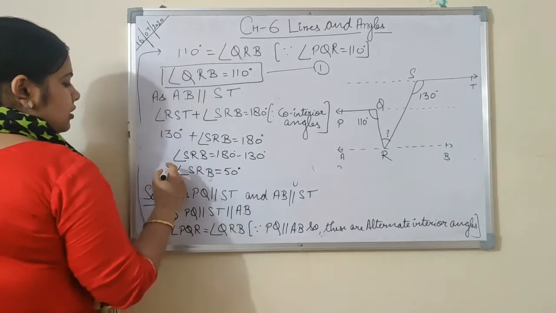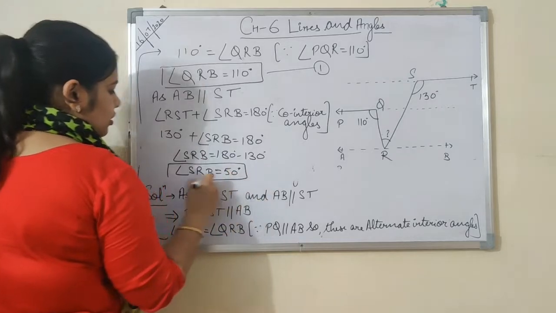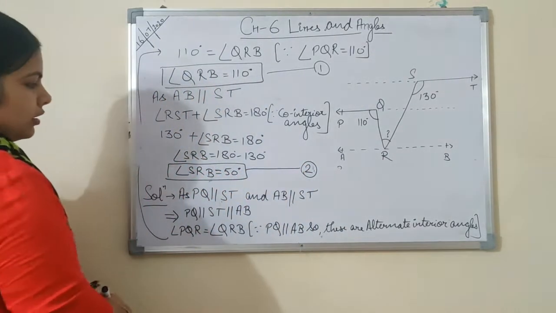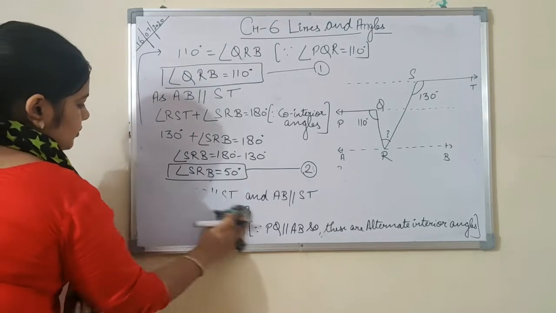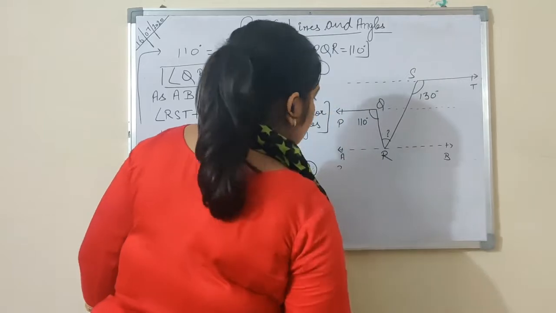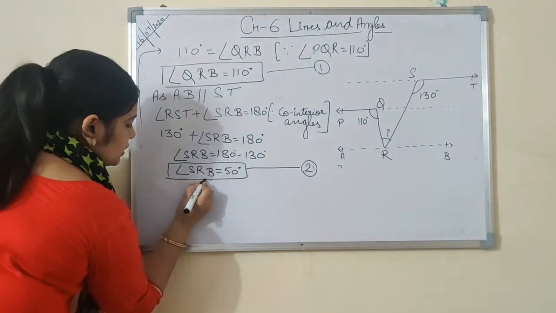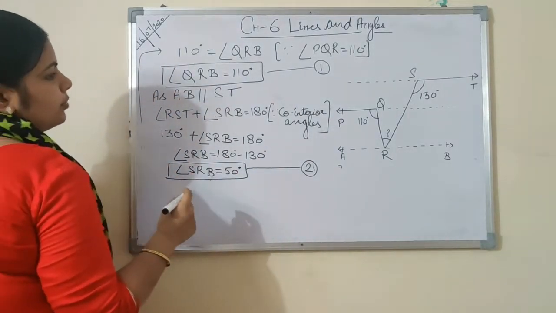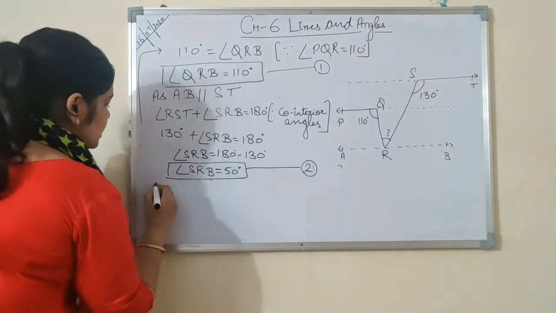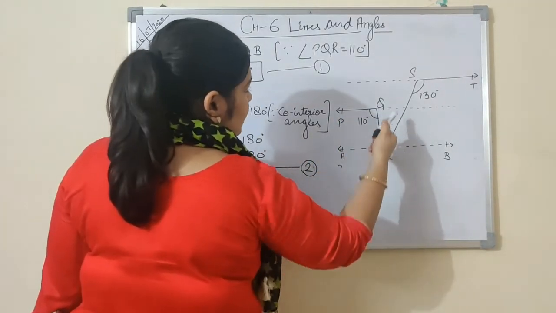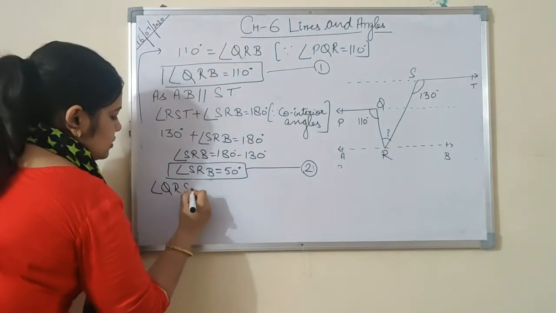Is this clear? Now, what we can do? We can name it as equation number 2. Now, we will come to the angle which we need to find, angle QRS.